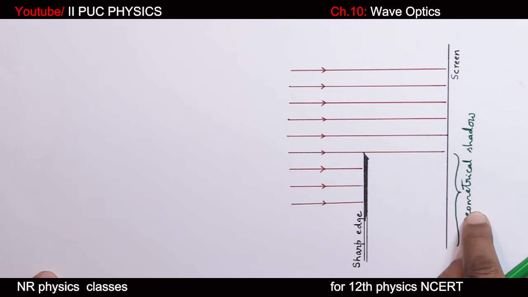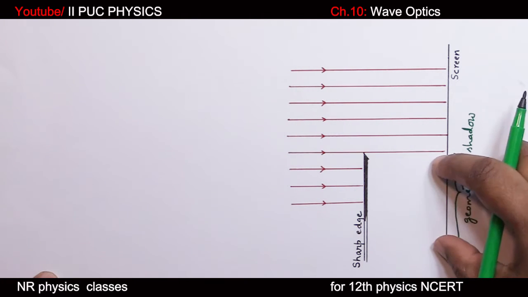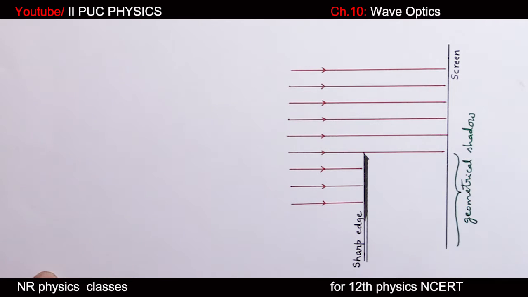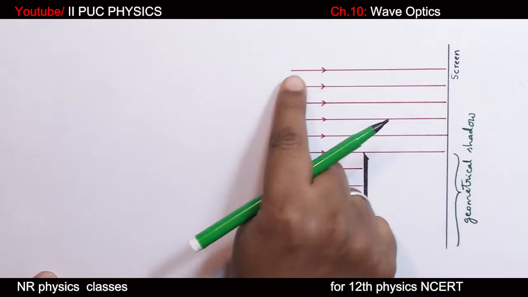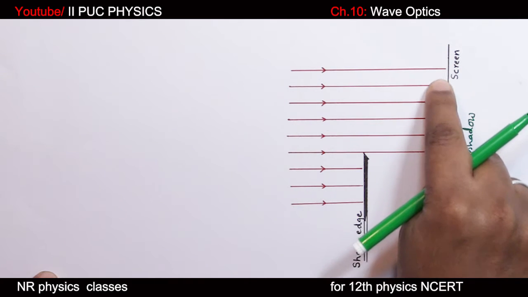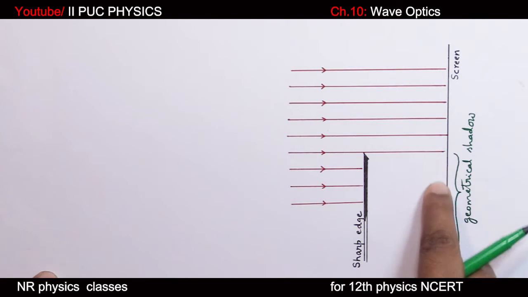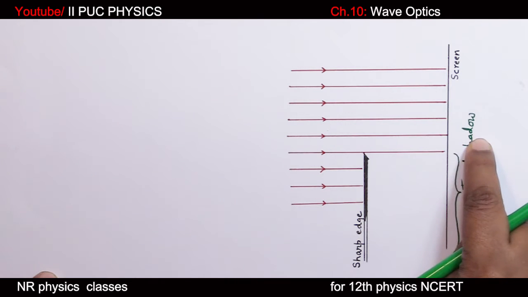So in ray optics, we use angles and lengths, nothing but geometry. That is why this region is called geometrical shadow. Now students, concentrate. When light falls on the knife edge, there is illumination on the screen, and this is the shadow region. This shadow region is called geometrical shadow.